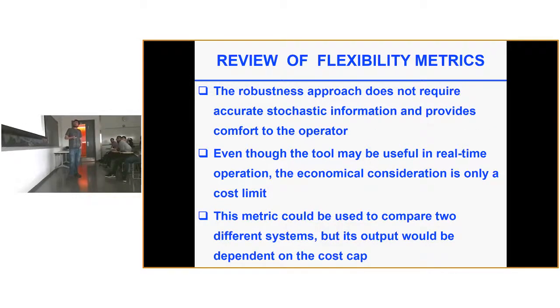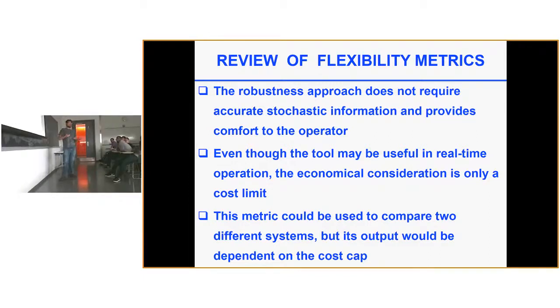And so operators really like the robustness approach. They don't like to have a probability of meeting a target. They like to make sure that they'll meet it, even if it's not that economically efficient. And this tool provides a nice visual effect for the operator to consider when there's a problem, when there's a concern. But the economics of it is just saying, oh, you can be this far at this cost.